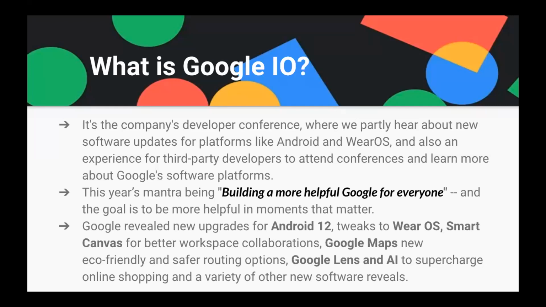There are new tweaks to Wear OS and Smart Canvas, which, if you followed the event, will help with better workspace collaboration. Google Maps has been redefined with eco-friendly and safer routing options. Then there was Google Lens, which has been there, but Google keeps improving its products. Google Lens and AI have now been improved to supercharge online shopping, and a variety of other software reveals that I hope I'm going to cover in the course of time.